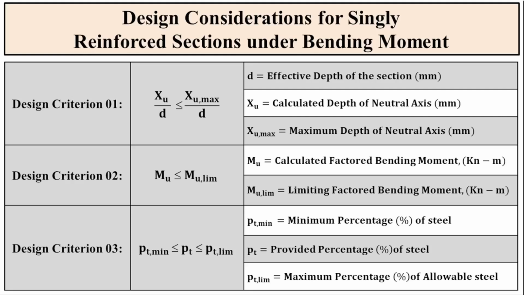PT min is the minimum percentage of steel. PT is the provided percentage of steel. PT lim is the maximum percentage of allowable steel. These 3 criteria are essential for ensuring the safe and effective design of singly reinforced concrete sections under bending.